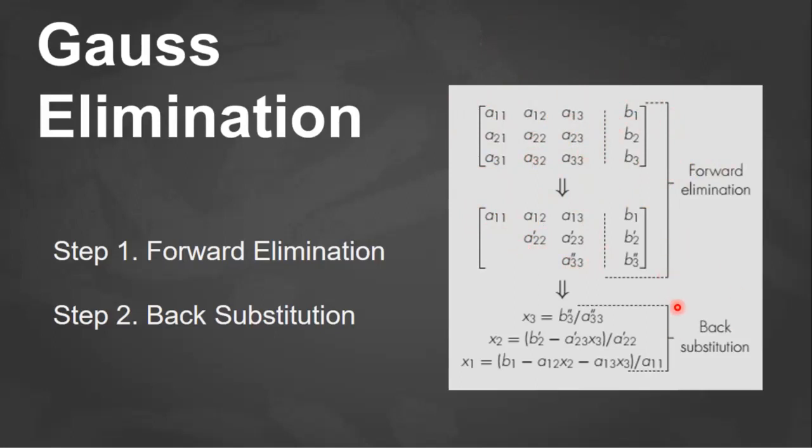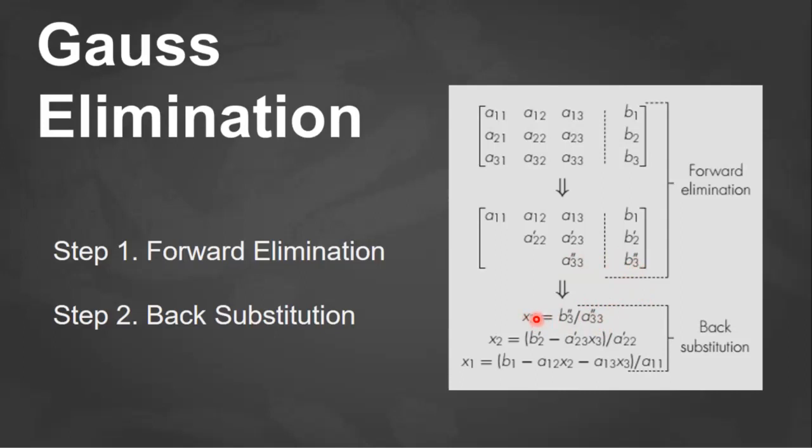Now, in back substitution, the equation with one unknown is solved directly. So x sub 3 is equal to b sub 3 double prime over a sub 3 double prime. We solve this first, then the result is back substituted to the remaining unknowns.